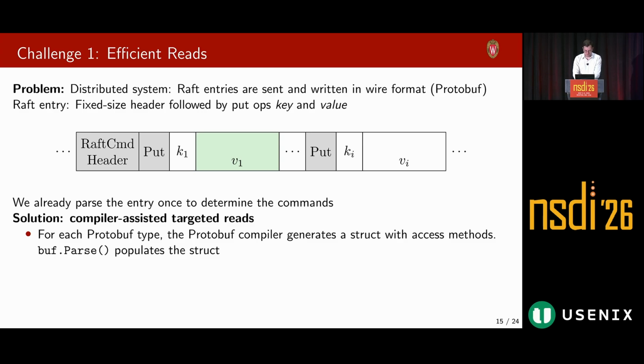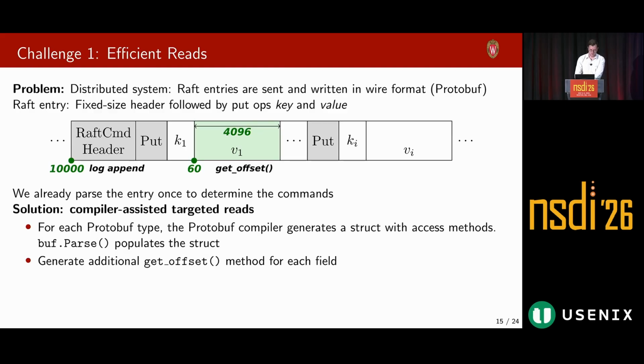For every protobuf type, the compiler generates a struct with a bunch of accessor methods, and when we parse the protobuf, it populates that struct with all the data. We'll generate an additional getOffset method for each field in the protobuf, and use it to find the byte offset of each field.